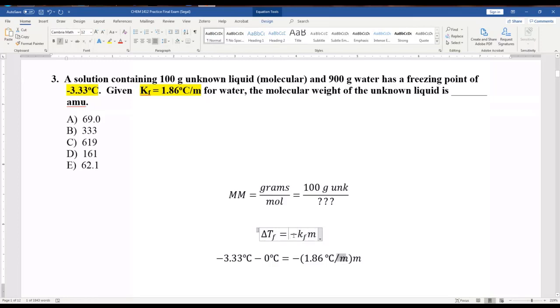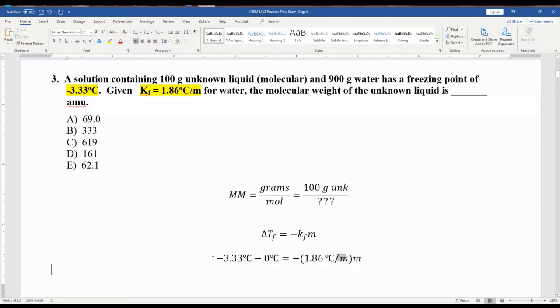But it is more precise to call this negative KFM because freezing point depression, by the very name, if you add a solute, does it cause the freezing point to go up or down? Yeah, it goes down. And because it goes down, the change in the freezing point should always be negative.